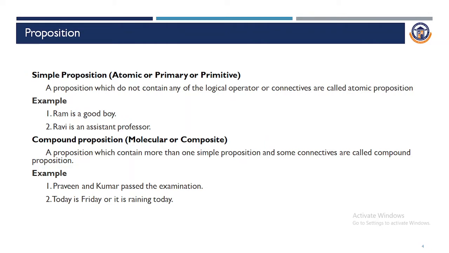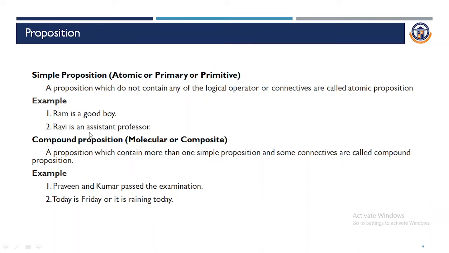In proposition, there are two kinds: simple proposition and compound proposition. Simple proposition is nothing but a proposition which do not contain any of the logical operator or connectives. Simple proposition is also called atomic or primary or primitive proposition.